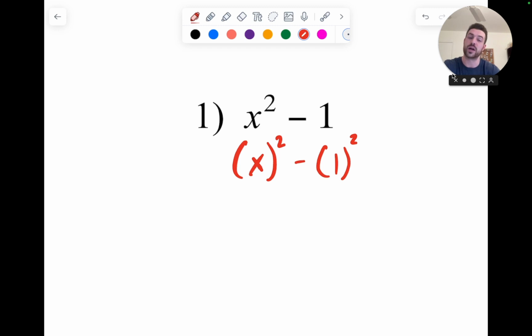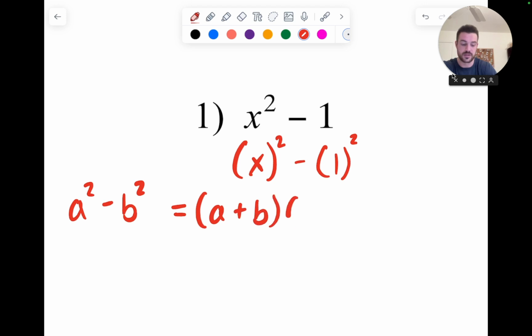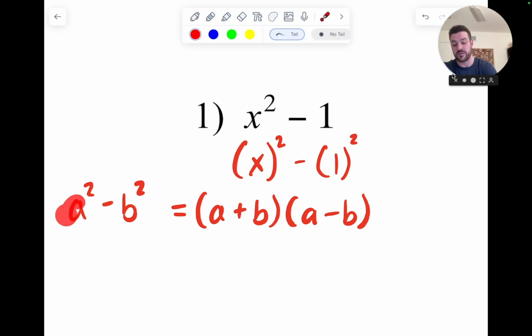So how the pattern works is, technically it looks like this: a squared minus b squared. If you notice you've got one perfect square minus another, you can rewrite it as a plus b times a minus b. The key is finding what value to the second power gives you your initial value for both values in the binomial.